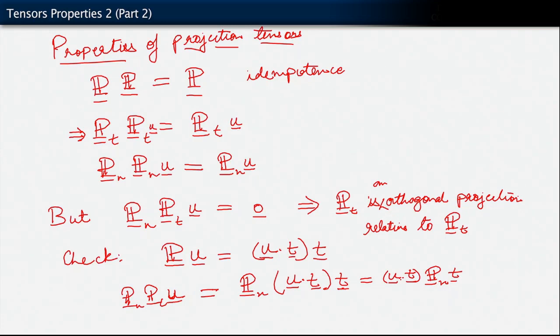Now P sub N acting on T, we know is our identity acting on T minus P sub T acting on T. U dot T comes along for the ride.